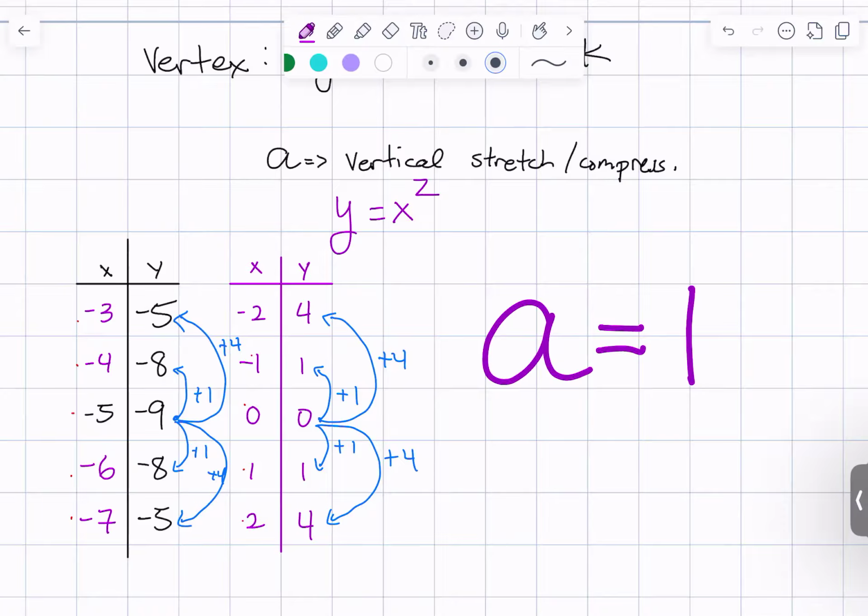If it's 2 or 3 or 4, another number, then the algebra way would be better. We can figure it out using transformation, but it's a little more difficult.